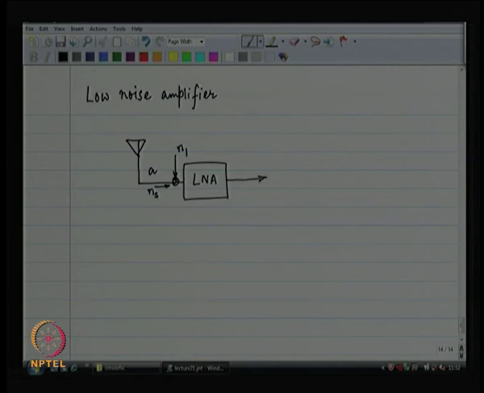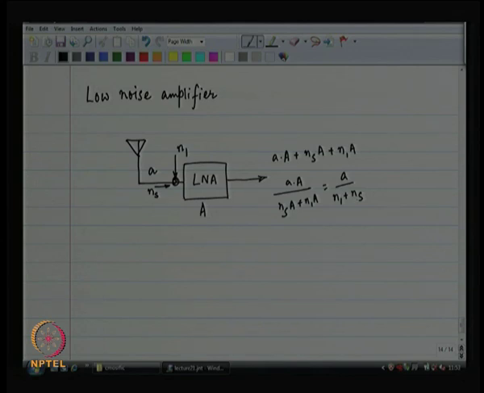It is amplifying everything by a large number, let us call it capital A. So, at the output of the low noise amplifier, I am going to see A times A plus Ns times A plus N1 times A. This is the total thing that I am going to see at the output, of which the signal to noise ratio is A times A divided by Ns times A plus N1 times A, which is equal to A by N1 plus Ns, right.